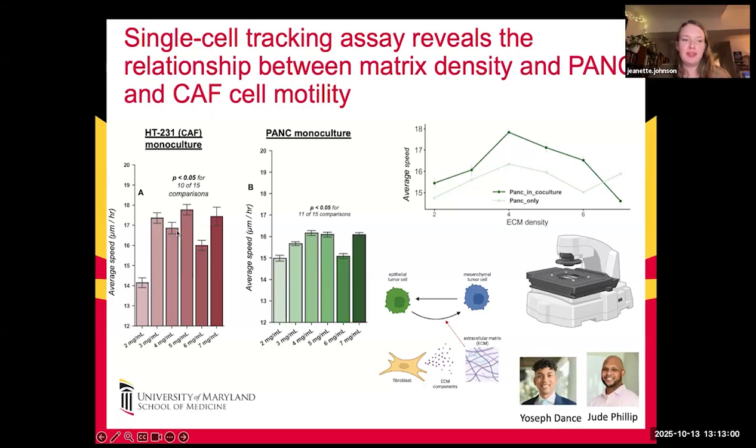We found that the two cell lines, the fibroblast and the tumor cell, have different responses to the ECM density changing. The ECM density changing here is essentially that we made Matrigels with different concentrations of collagen 1, which is our best approximation of what extracellular matrix is like.